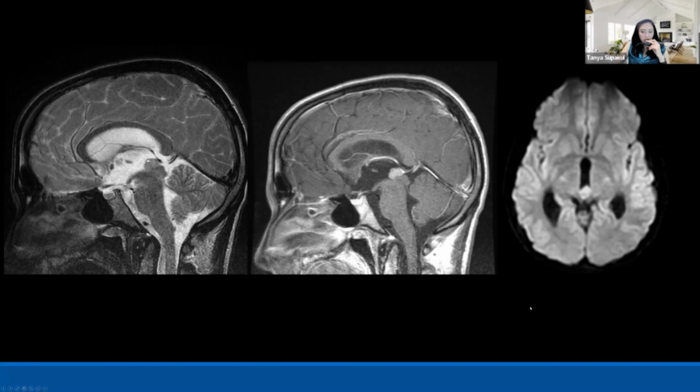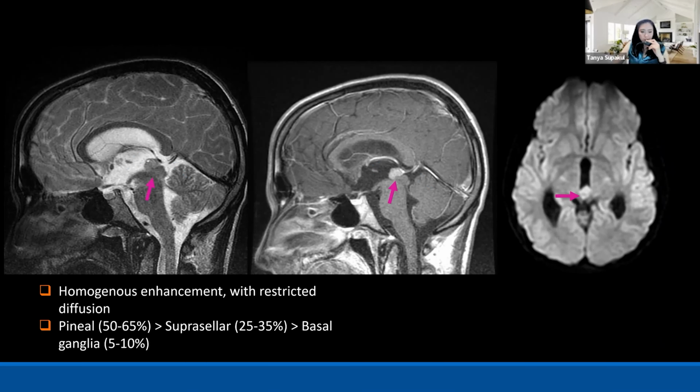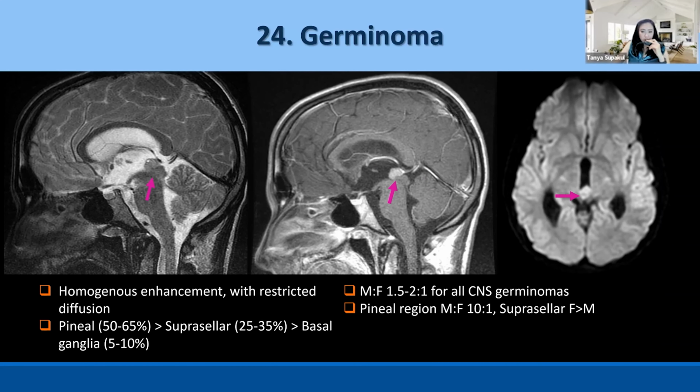In the pineal region, as we talked about earlier, if you see something in the pineal, you need to check the suprasellar area, and the pineal is one of the most common midline tumor locations for germinoma. So this one turned out to be germinoma, pineal germinoma, which is about 50 to 65%, and suprasellar has 20 to 35%.